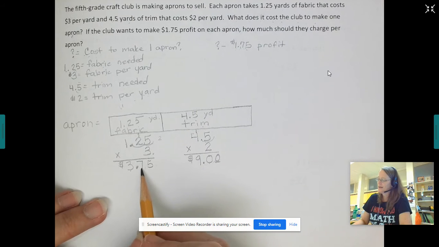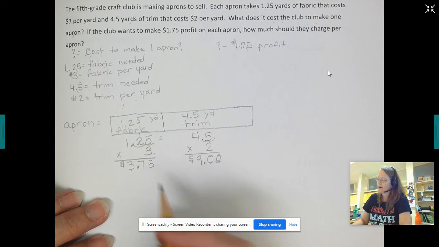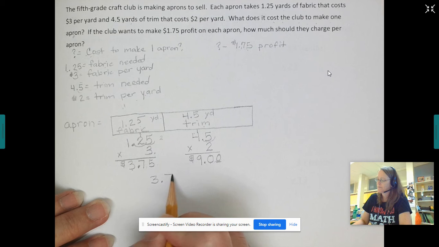I wonder if we answered the first question, what does it cost the club to make one apron? Oh, we still have to add $3.75 for the fabric plus $9 for the trim. Line up those decimals.